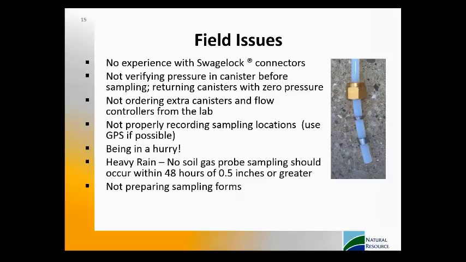They're fairly fragile and sensitive. You're going to want to verify before you sample that the correct negative pressure is on that Summa canister. What we find that adds value, we bring out a pressure gauge in the field that's calibrated annually, a digital pressure gauge, and we just verify that pressure before we actually do the sampling.